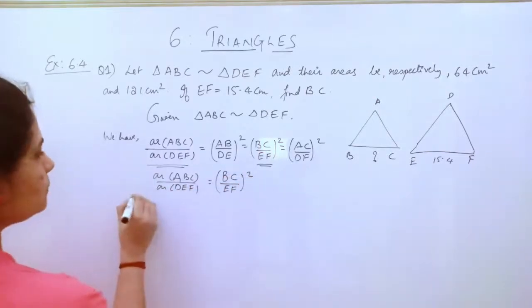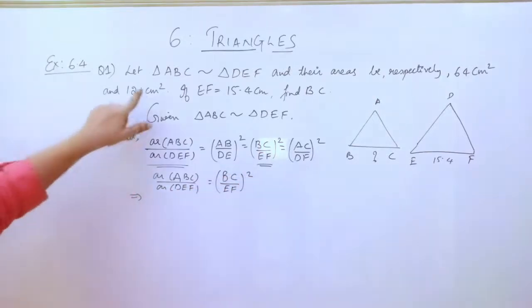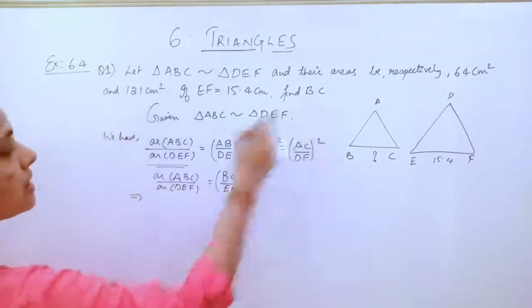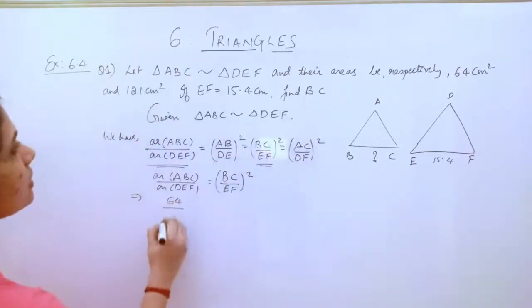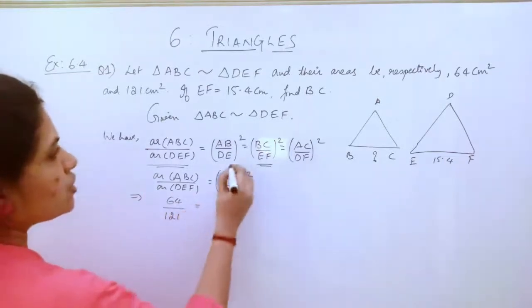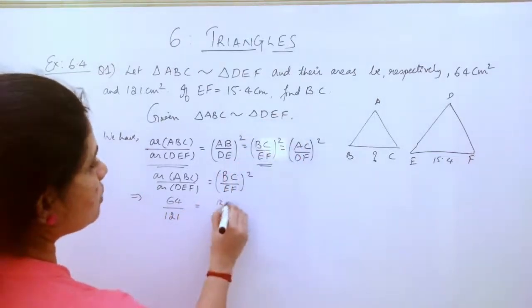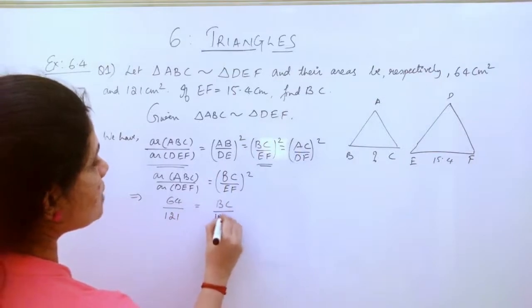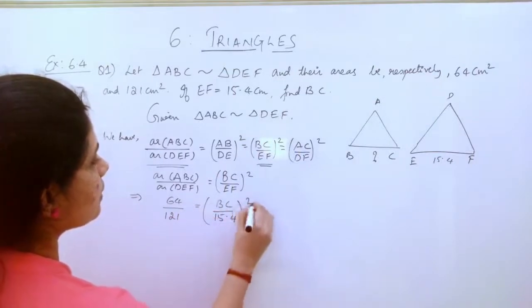The area of ABC is given to be 64 and the area of the other triangle is given to be 121, which is equal to BC, unknown, by EF, which is 15.4, the whole square.